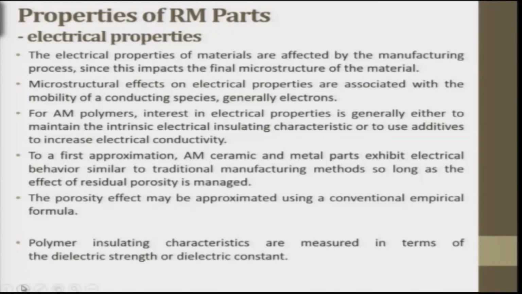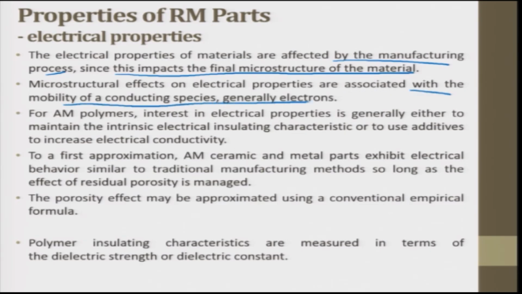So, next are electrical properties. The electrical properties of materials are affected by the manufacturing process, since this impacts the final microstructure of the material. Microstructural effects on electrical properties are associated with the mobility of a conducting species, generally electrons. So, how electricity moves, this is the general theory.